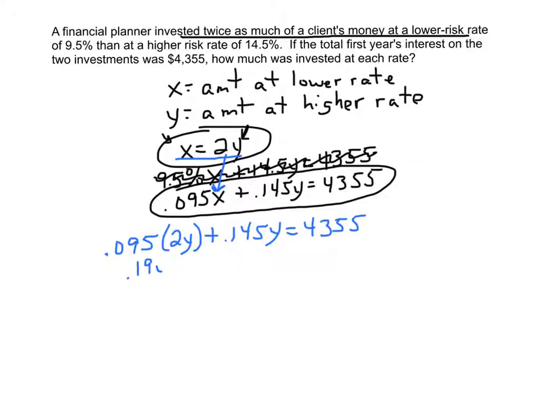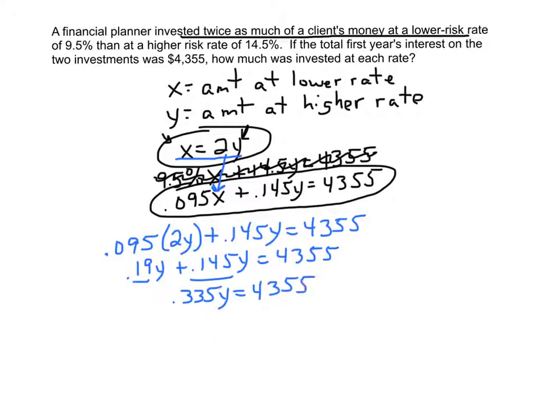I get 0.19y plus 0.145y is equal to 4355. Adding 0.19y plus 0.145y, I get 0.335y, which is equal to 4355. And then if I divide both sides by that 0.335, I get y is equal to 13,000.